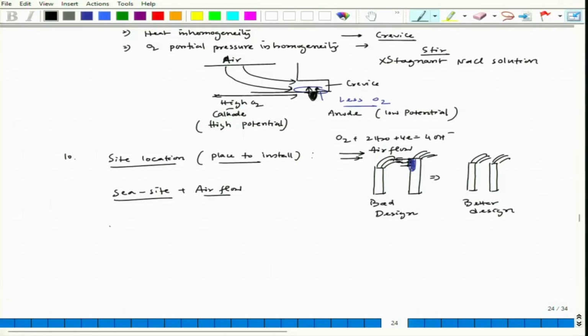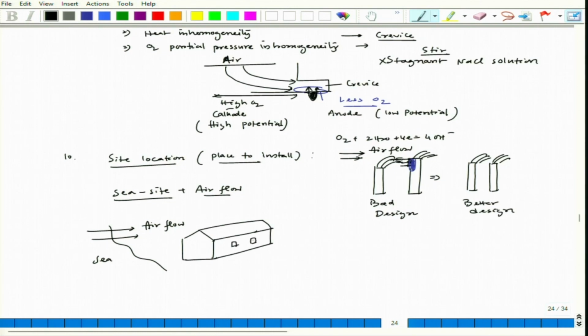So, for example, if there is a sea site and airflow is this, and if we are having a room like this, let us say, okay. Now if you try to store something here, definitely this particular region can have a lot of salt water deposit, and definitely those can go into severe atmospheric corrosion.